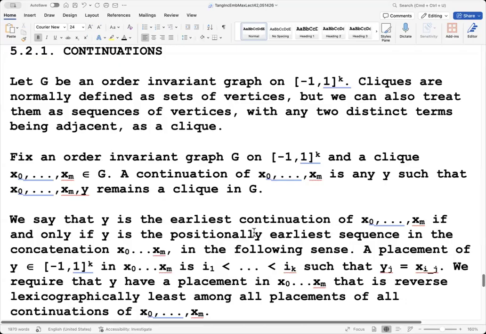What you're allowed to do at any stage is this: x_i can be any tuple that is non-adjacent to some continuation of x naught through x_{i-1}.